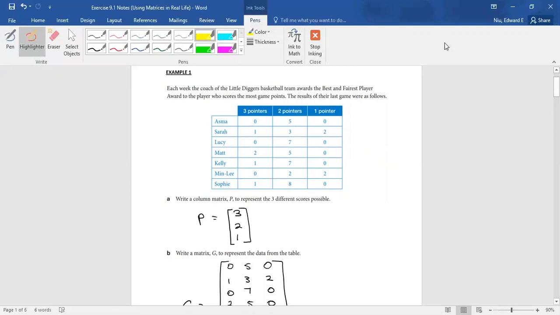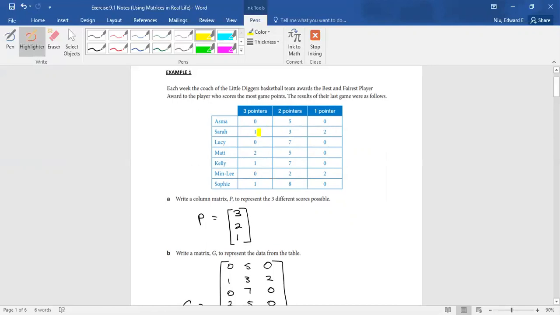In the table below, we've got 7 players, Asma all the way down to Sophie, and a tally of the number of 3-pointers, 2-pointers, and 1-pointers each player has scored. For example, Sarah has scored 1 3-pointer, 3 2-pointers, and 2 1-pointers.